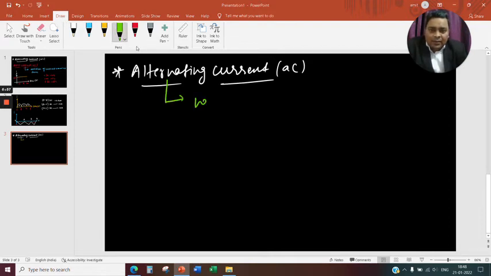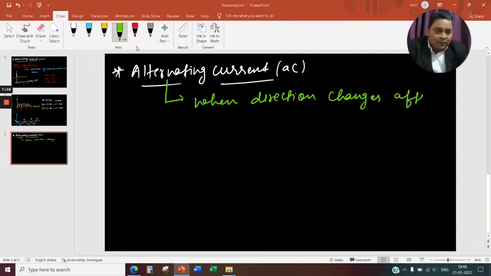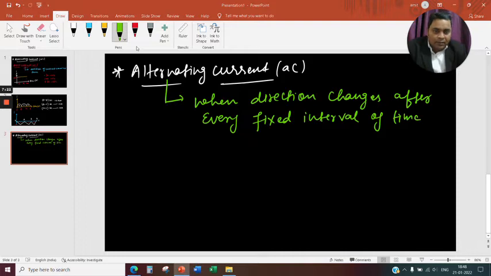When direction changes. Direction means when the direction of current changes after every fixed interval of time. Then we can say that the nature of current is alternating current.